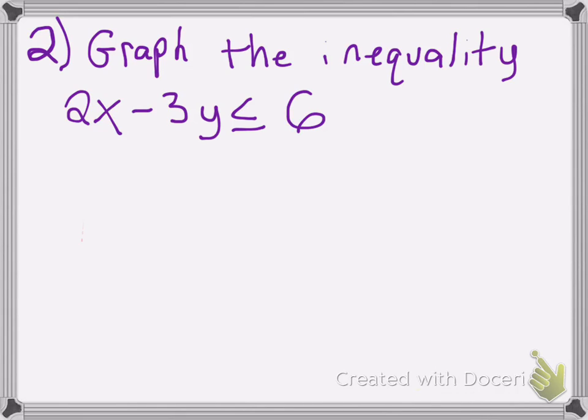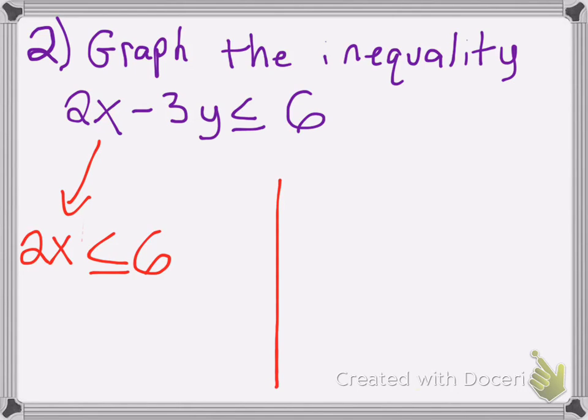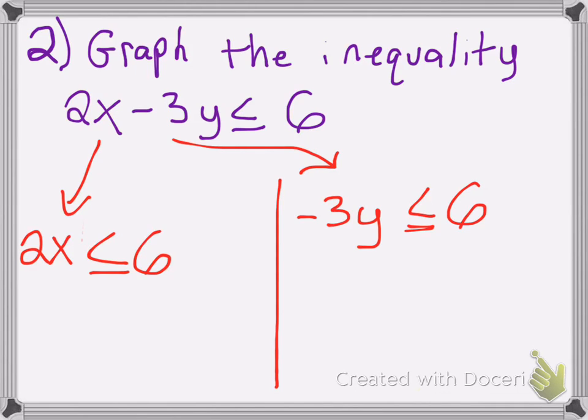What I'm going to do is separate it out. I'm going to bring 2x down here, bring the inequality symbol and 6 right here. I'm going to solve 2 simple linear inequalities. I'm going to do the same thing over here on the right side: bring down negative 3y and bring down the inequality and 6.